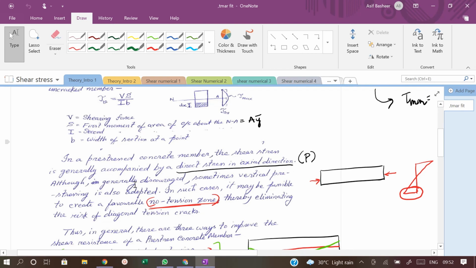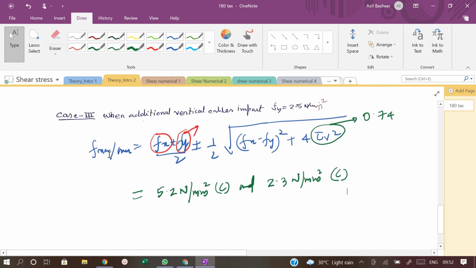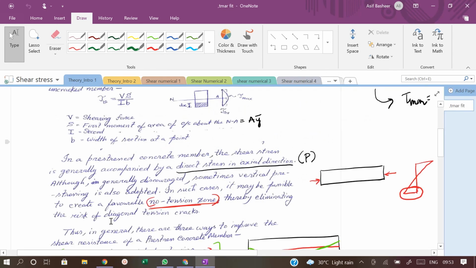Providing anchorage for vertical pre-stressing is very difficult, so we are not encouraging that. But theoretically, if we are providing a vertical pre-stressing force, in such cases it may be possible to create a favorable no tension zone. Favorable no tension zone means what? In both the cases, the maximum and minimum principal stresses are compressive, which means there is no tension, thereby eliminating the risk of diagonal tension crack.